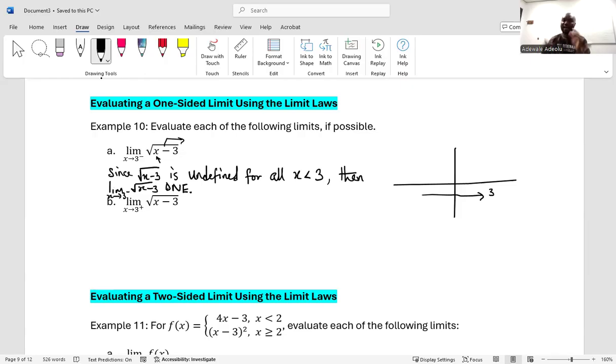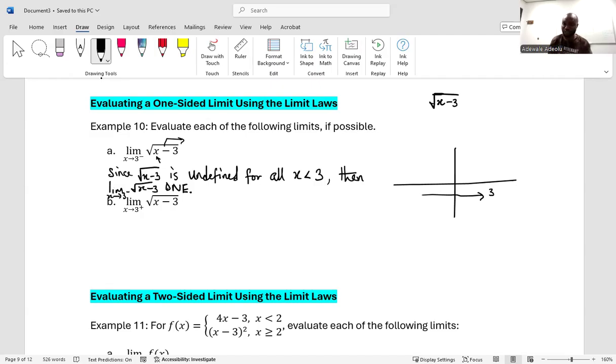If you remember the graph of square root of x, you remember the domain of that, and how it looks. Now, when we have this transformation, it means the graph has been shifted to the right by 3 units.